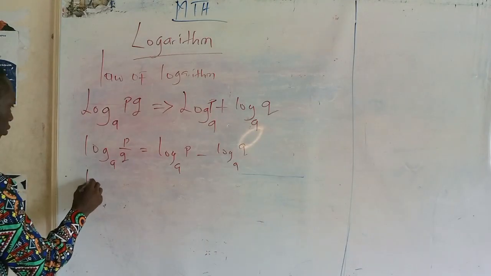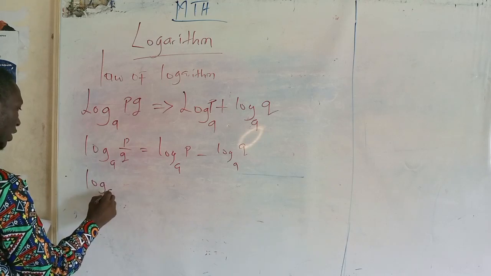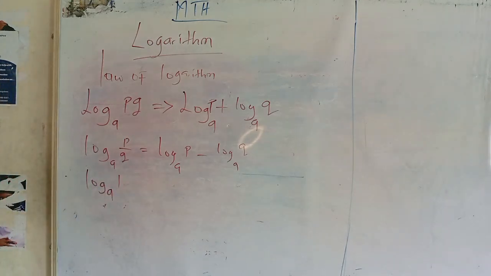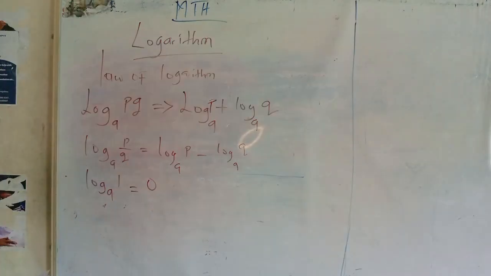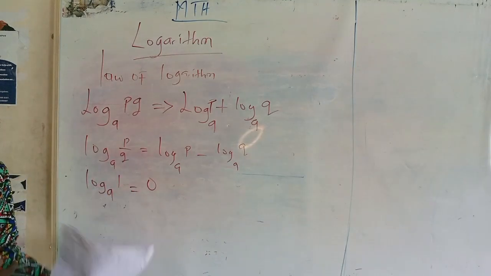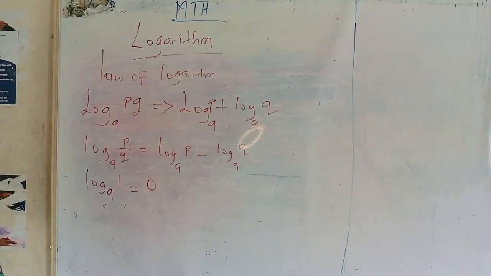Now, if we have log 1 base A, it is 0. In logarithm, even log 1 base 100 will be 0. So any log of 1 to any base is 0.